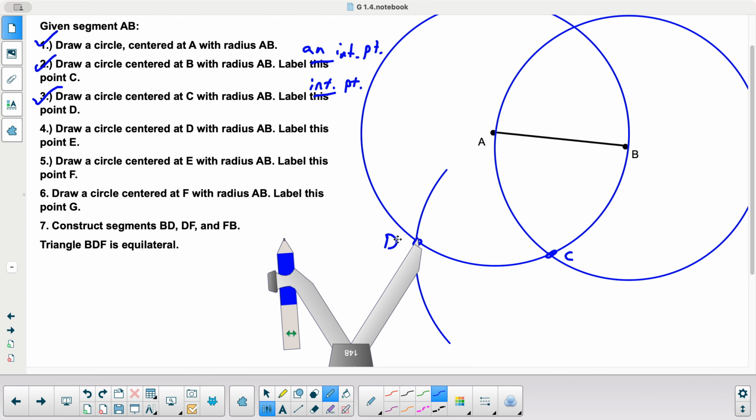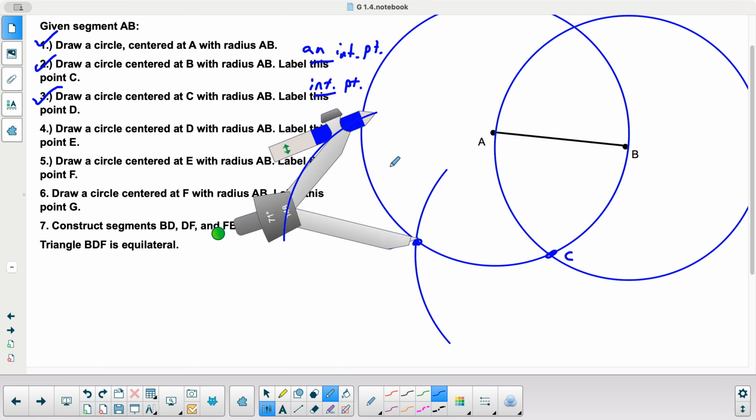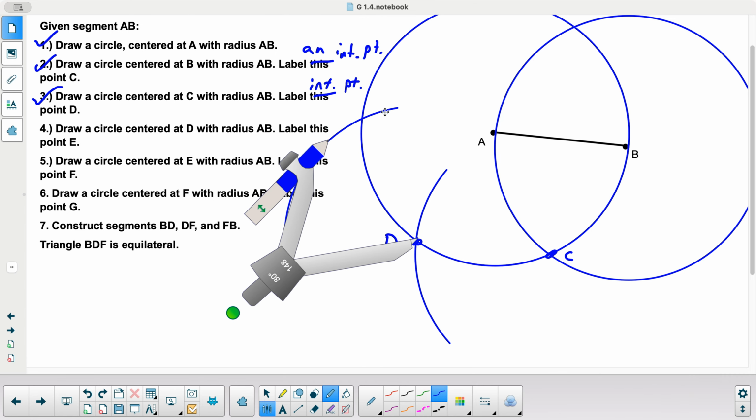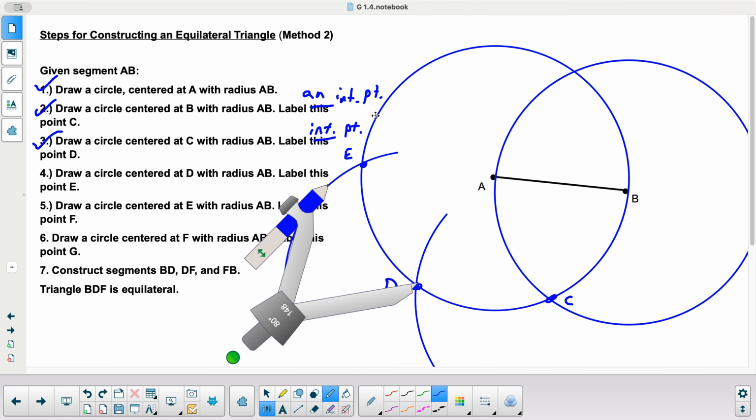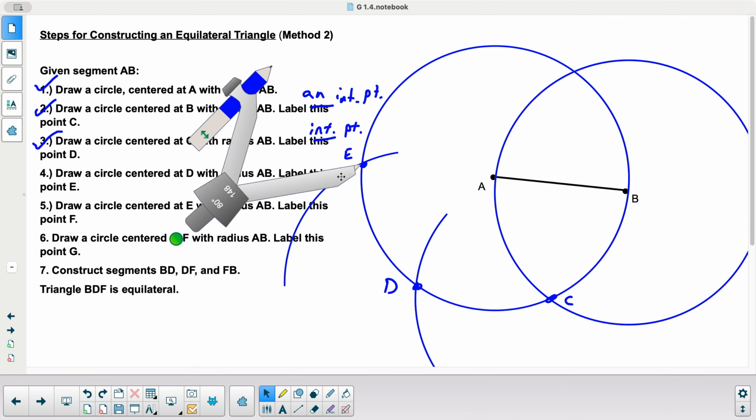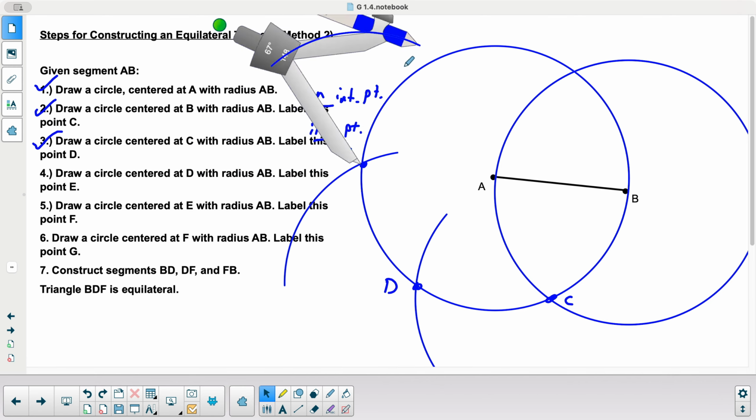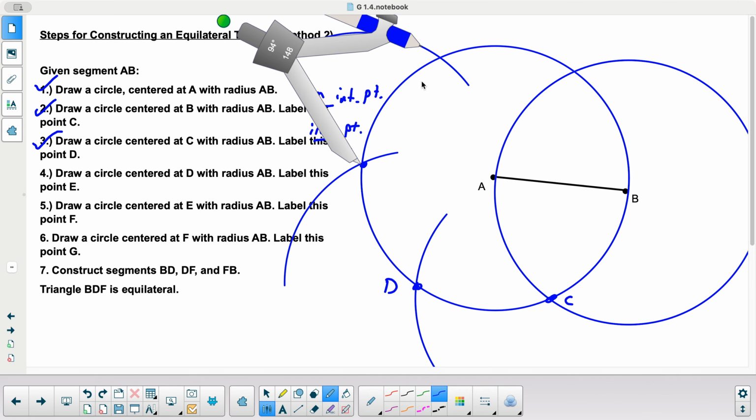And then I'm going to do the same thing, center to D, and again, I just need to find the intersection point and label this as E. Keep the same radius. Don't let your compass slip. If you've got to go back and remeasure your segment, find that intersection point, call that F. This is E. This is F.